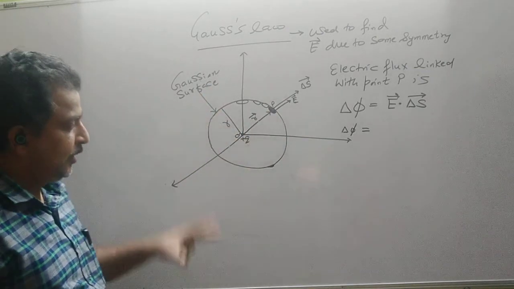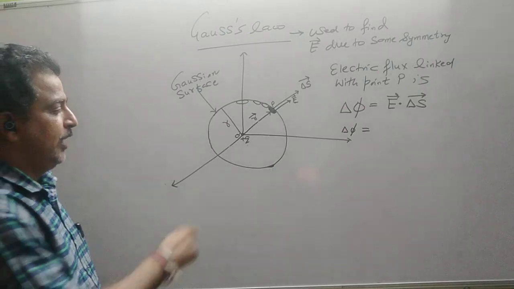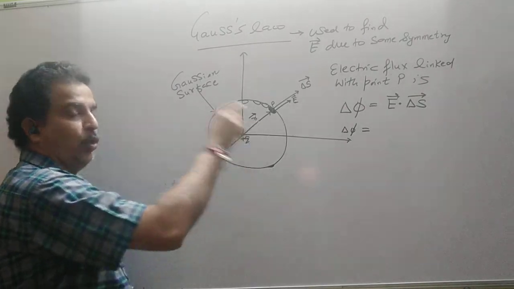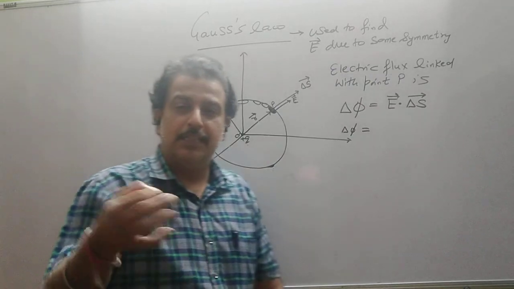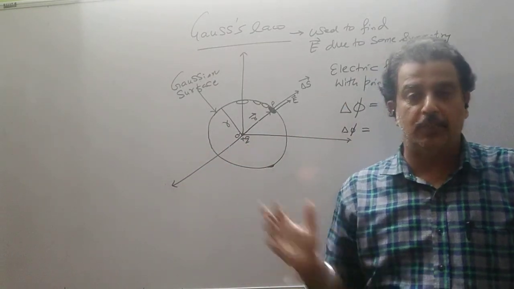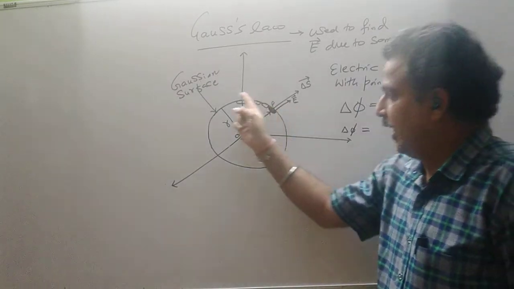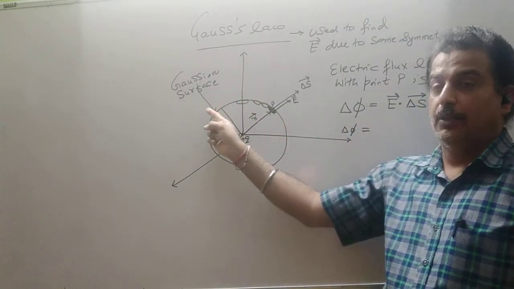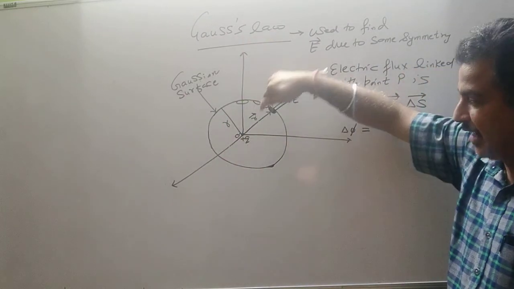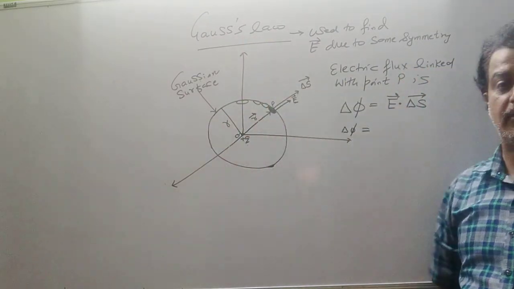So how the theory goes on: initially we have taken plus q charge at the origin of the Cartesian coordinate system. So consider a point charge at the origin of the Cartesian coordinate system as shown in the figure. Now consider an imaginary Gaussian surface of radius r in such a way that the charge is enclosed in this Gaussian surface.